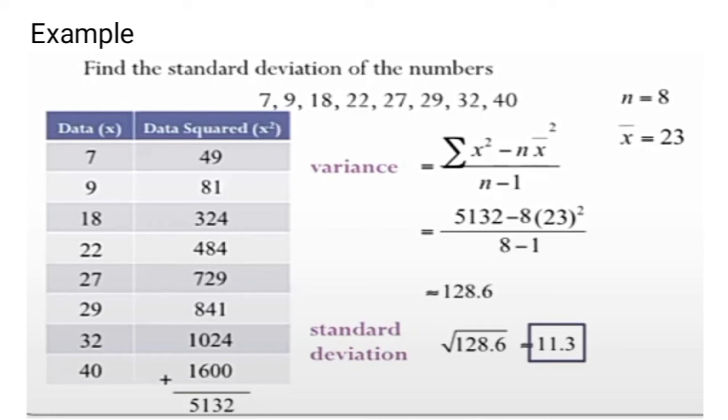We add all the data x and divide by 8, so we get 23. 23 is the mean. The sum of x squared is 5,132 minus 8 times 23 squared, and the bottom is 8 minus 1, which equals 128.6. Standard deviation is the square root of 128.6, which equals 11.3. 11.3 is the standard deviation.